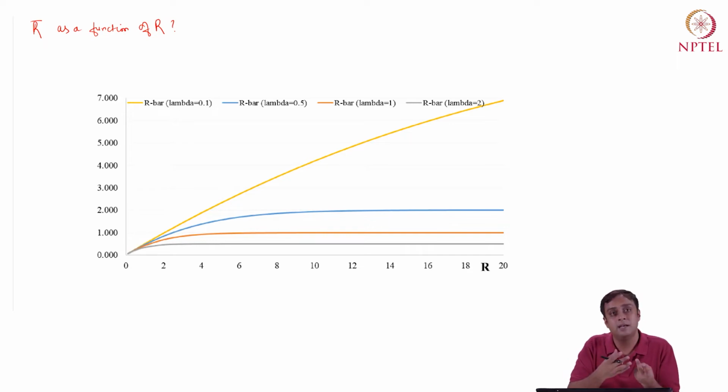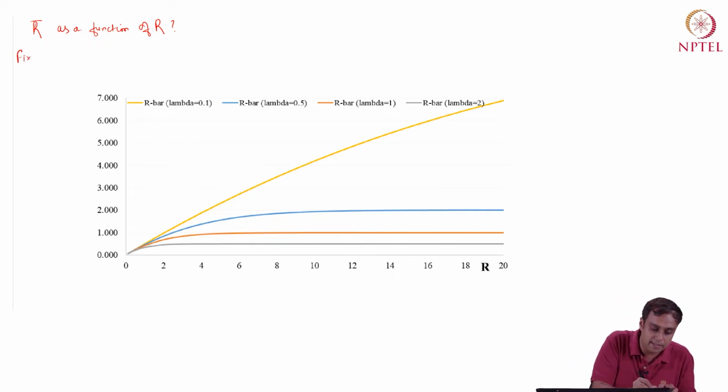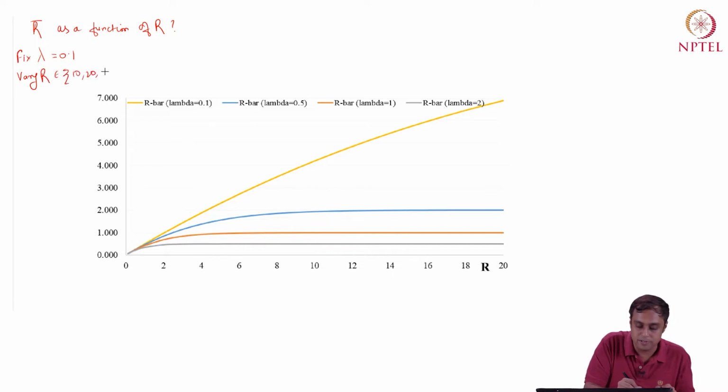The second is the extent of the city itself, which is capital R. So I can fix the value of lambda, let's say at 0.1, and then vary the value of capital R, from 10 kilometers to 20, 30, 40, 50, 60, and all the way to 200.